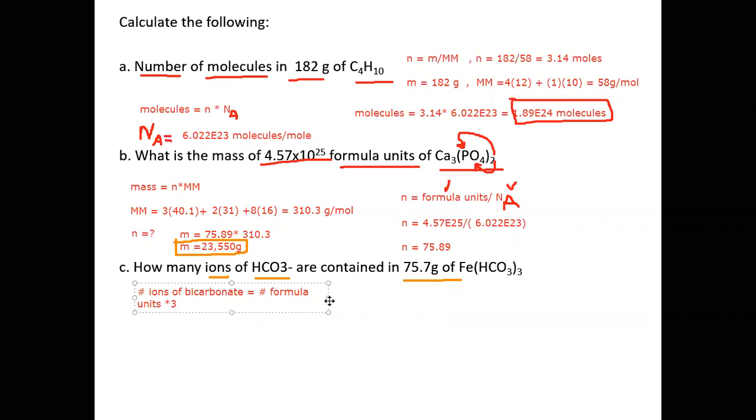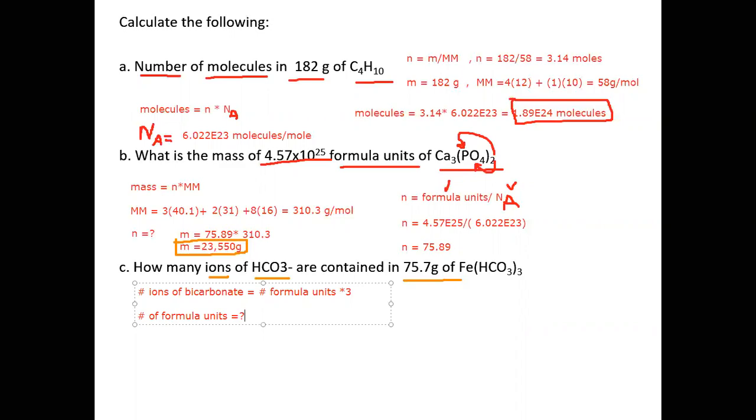Because for every one formula unit of iron 3 bicarbonate, there are 3 ions of bicarbonate. So in order to solve for the number of ions of bicarbonate, we need to determine the number of formula units. So that's our question mark.